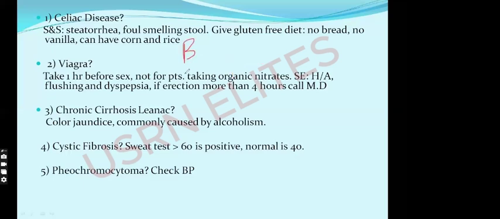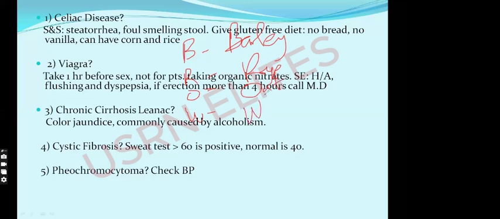So we have the BROW diet. We have barley, we have the rye, right? Oats, yes, oats.